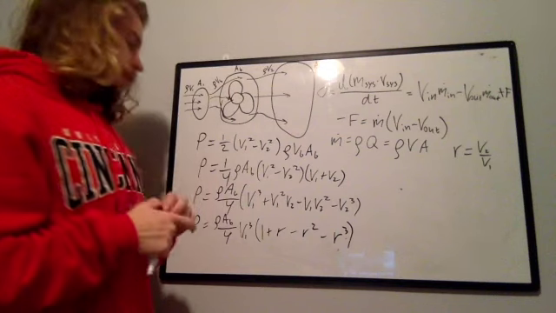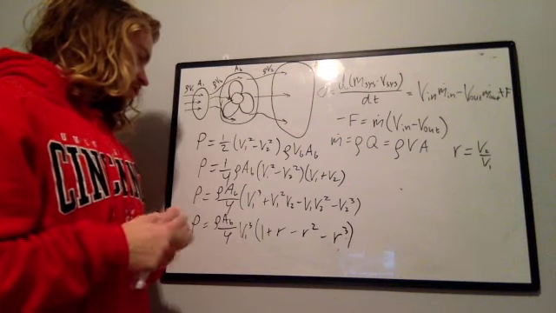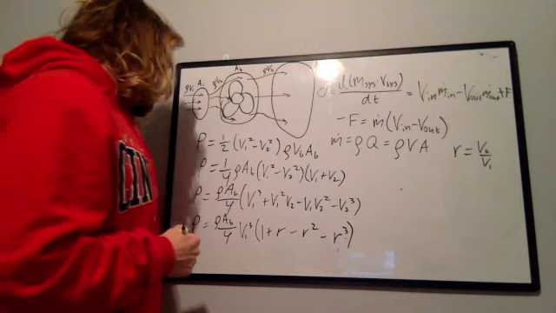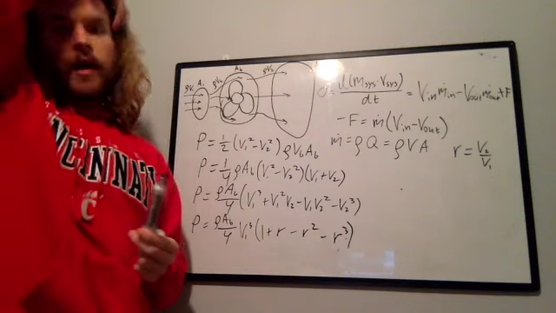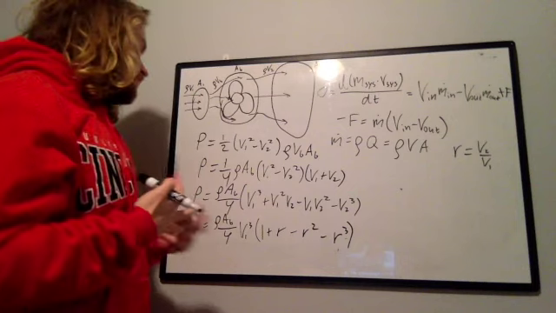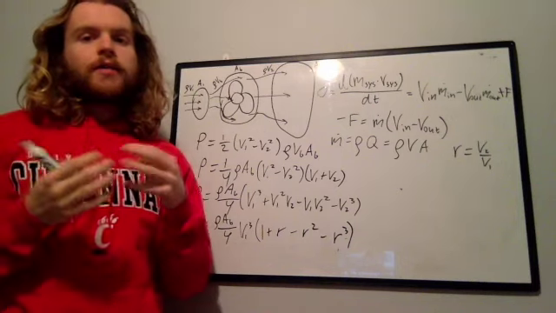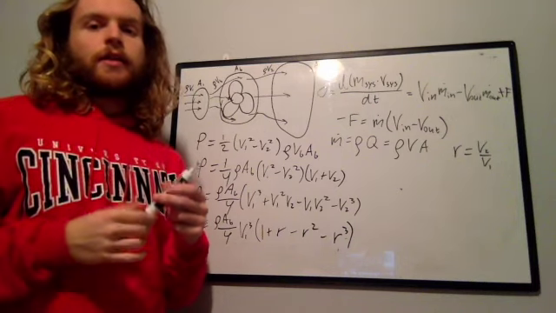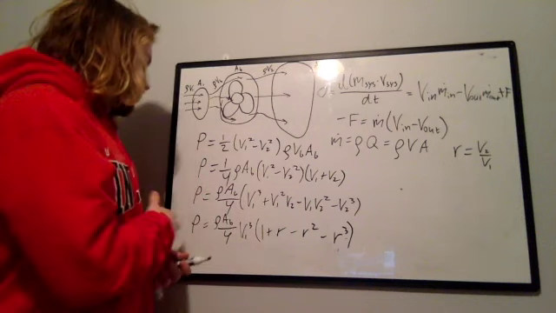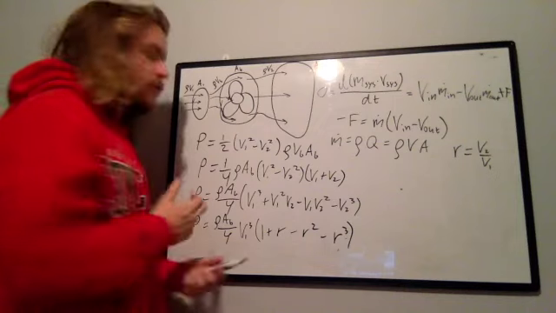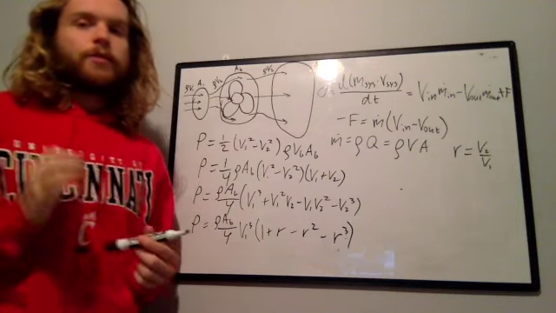Okay, so our next step is actually going to be to take the derivative of the power with respect to time, all right? Because we know that power is at its highest efficiency when that power isn't changing with time. So we're going to take this derivative with respect to time and then set that equal to 0.